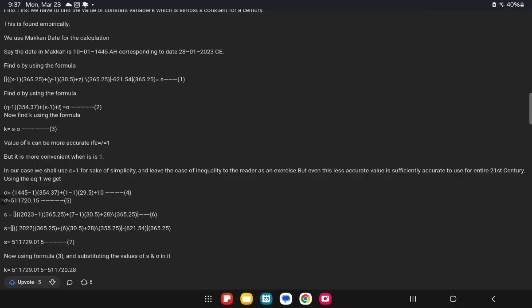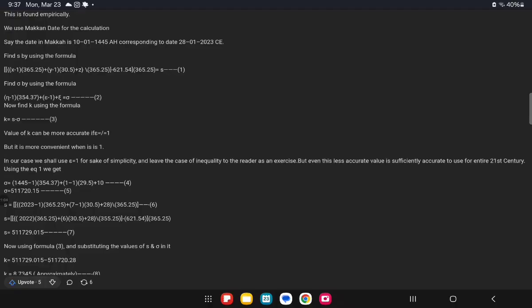Oh yeah, so epsilon minus 1 was supposed to have a coefficient of 29.5 plus, so apparently 1445 minus 1.